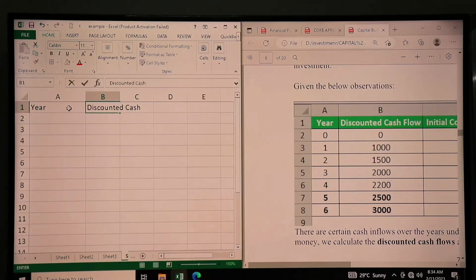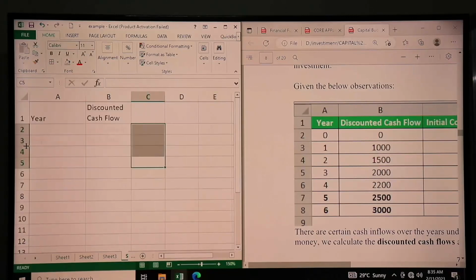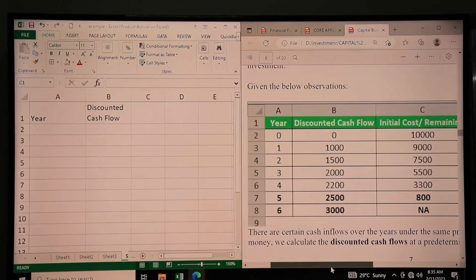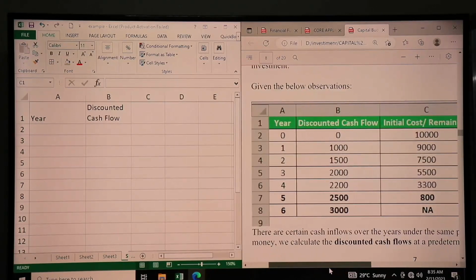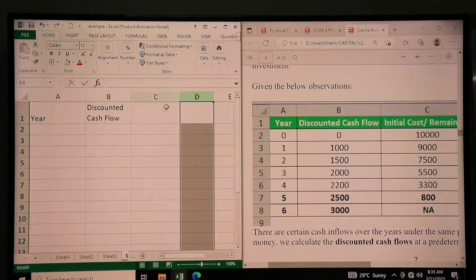Then we have the initial cost through the remaining cost.